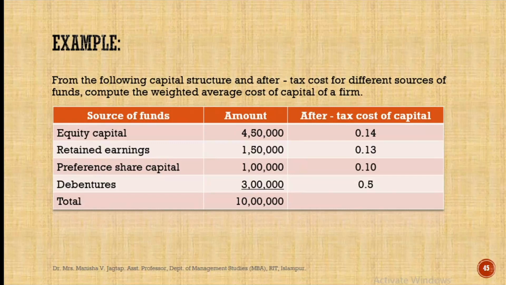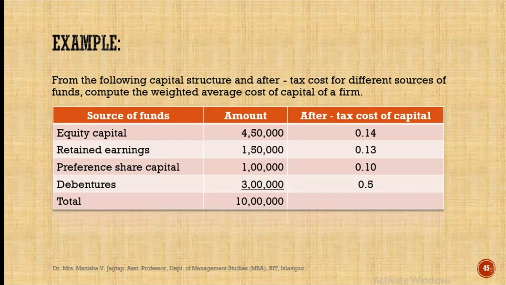Then, in the amount column, they have given the corresponding amounts: equity capital 4,50,000, retained earnings 1,50,000, preference share capital 1 lakh, debentures 3 lakh. Thus, the firm has raised a total amount of 10 lakh by these sources.